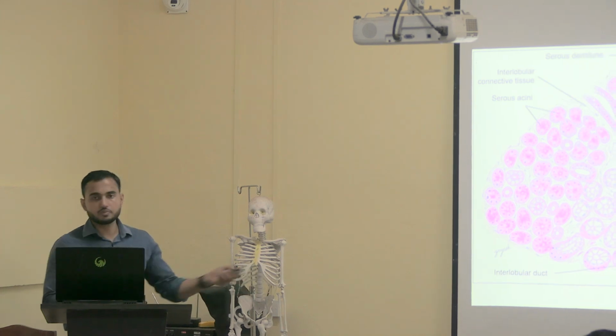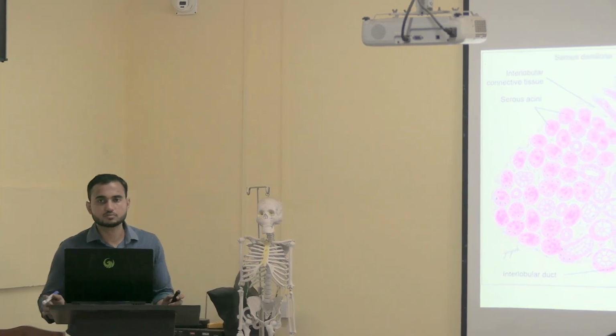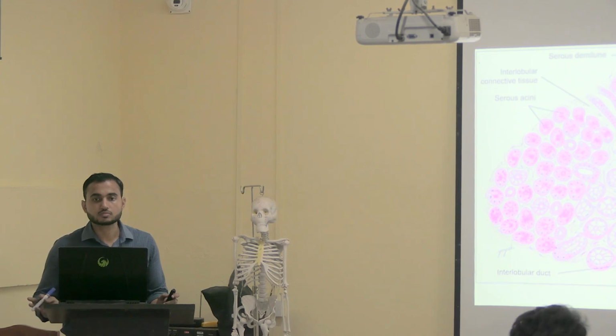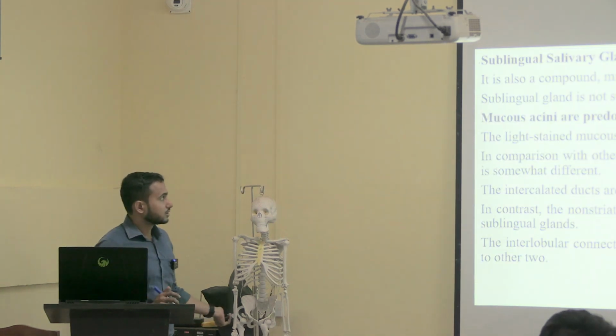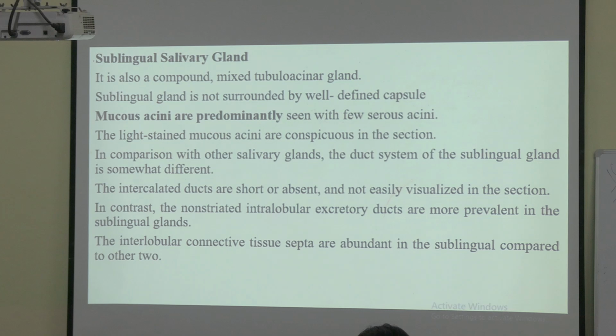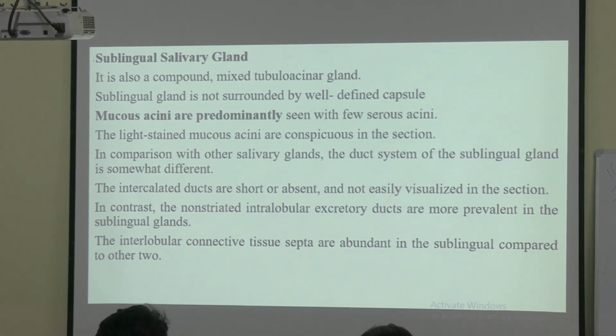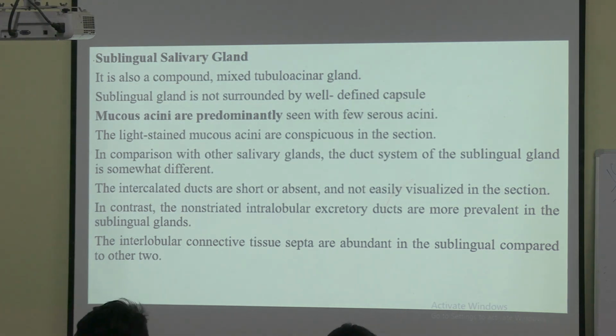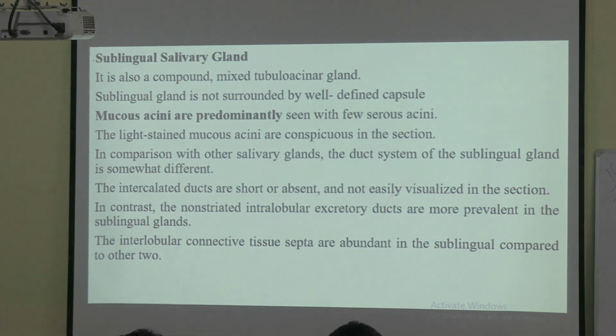Okay, after the submandibular salivary gland, which is the next one? Sublingual. The sublingual is also a mixed type of gland. But what is the difference? Mucous acini are more. Another important difference is the connective tissue capsule. जो connective tissue capsule होता है in case of the sublingual salivary gland, that is not complete, it is incomplete.